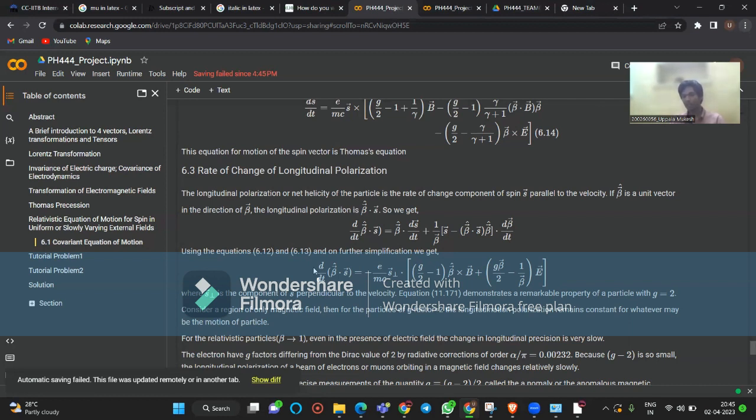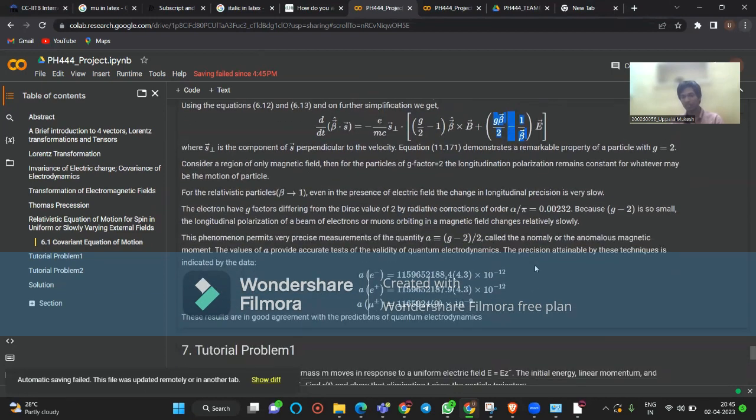And for relativistic particles for whom beta is very close to 1, on substituting, you can see that this value is close to 0 when you take g equal to 2. Even though there is an electric field, the change in your longitudinal polarization is very, very slow.